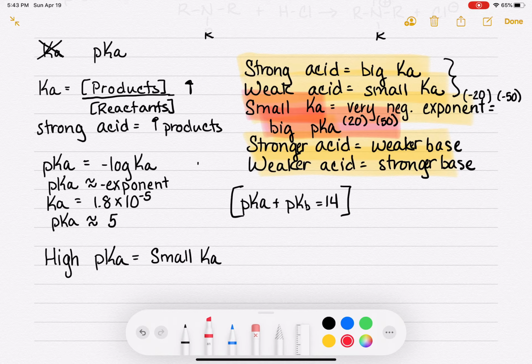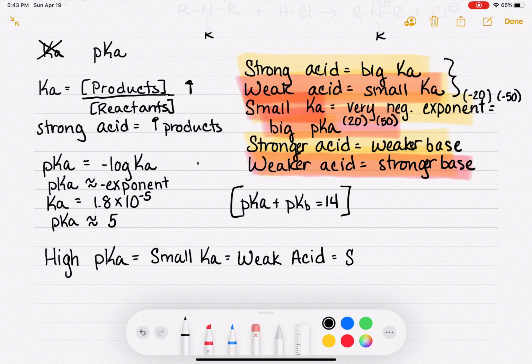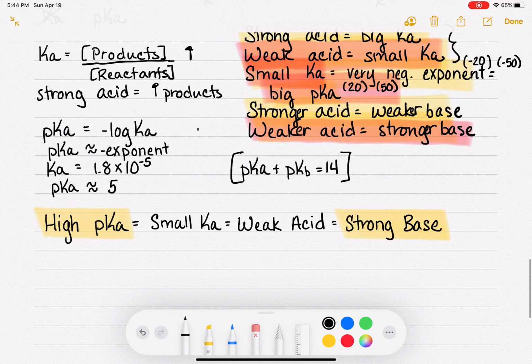And if something has a small Ka, that means that it's a weak acid. And if something is a weak acid, that means that it's a strong base. And when we're in a chapter where we're talking about amines and we're focusing on bases, a high pKa is a stronger base. That's the take home. Low pKa is a weaker base.